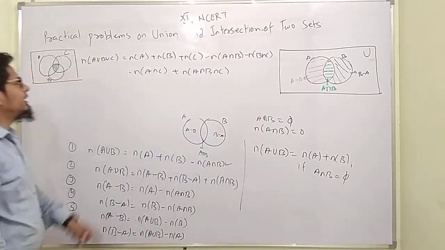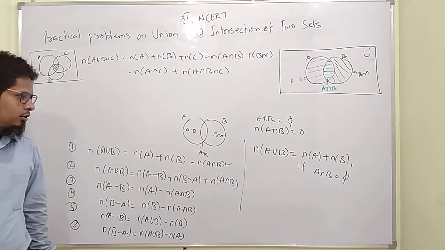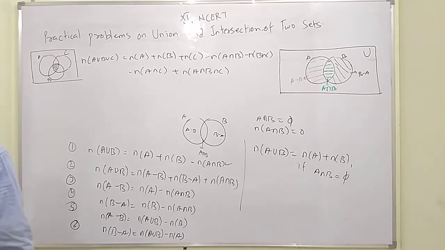Class, this is the result for A union B union C. It is a complete list of formulas. You copy it down, and now I'm going to explain the questions.